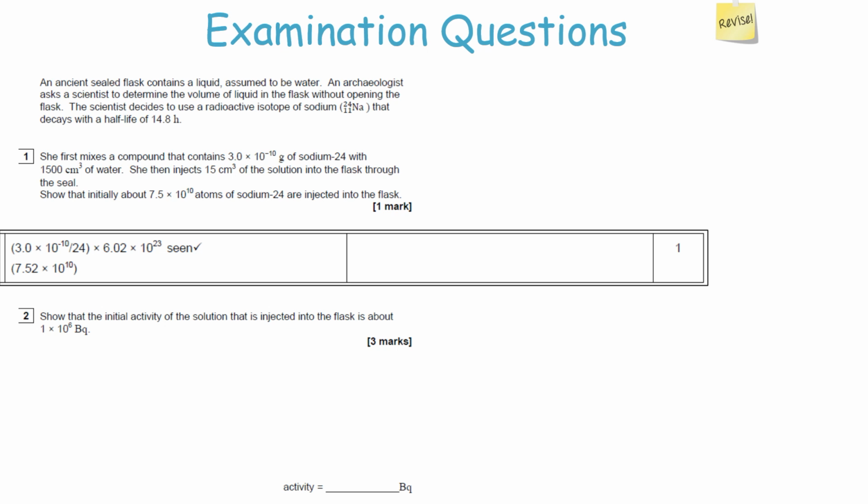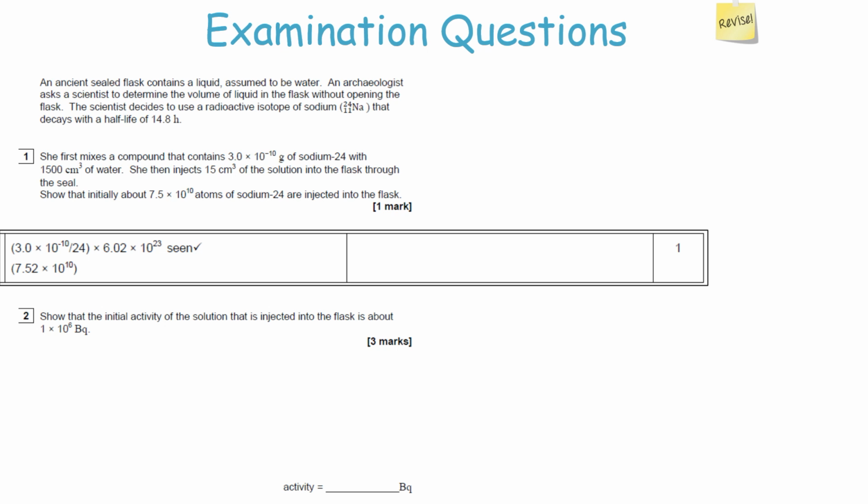So we do 3.0 times 10 to the minus 10, then divided by 24. That tells us how many moles of sodium we've got. The next thing is we know that in 1 mole there is 6.02 times 10 to the 23 atoms, because of Avogadro's constant, so we multiply the number of moles by Avogadro's constant, 6.02 times 10 to the 23, to get our answer of 7.52 times 10 to the 10.